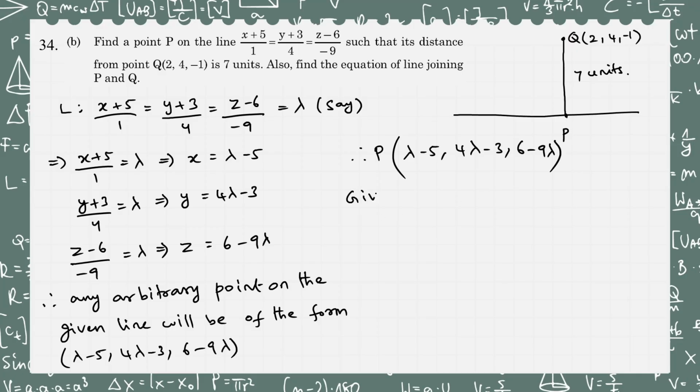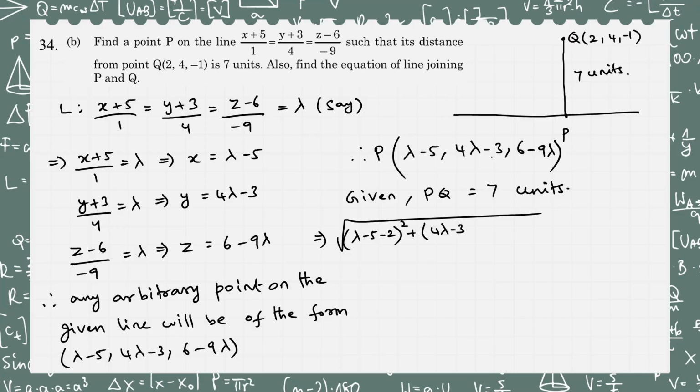So let us discuss about that. PQ equals 7 units. So we need to find the distance between P and Q. That implies square root of (lambda - 5 - 2) whole square plus (4 lambda - 3 - 4) whole square plus (6 - 9 lambda - (-1)), which will be plus 1, whole square, equals 7.